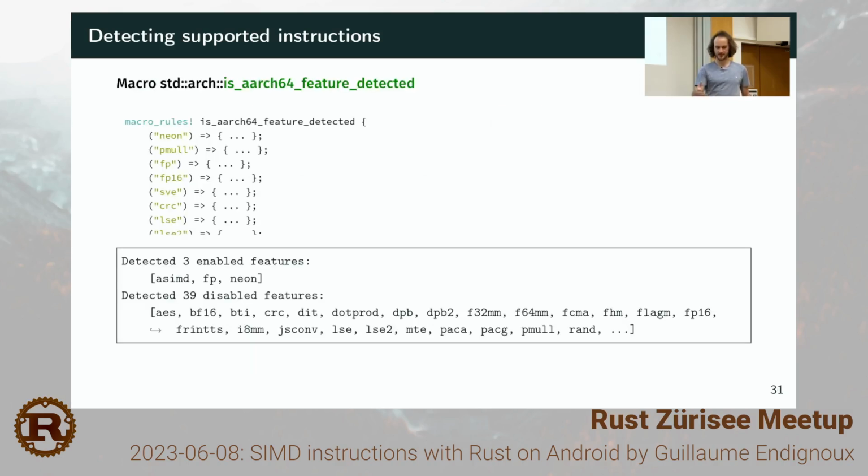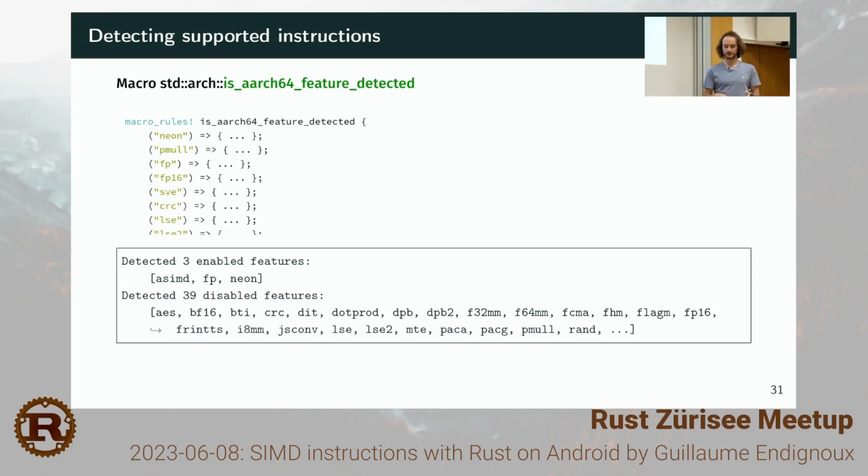So how does this macro look? You just pass it a string. The list of strings available is fixed in the compiler, and it returns a Boolean true or false depending on what is available at runtime. So I ran that on my old device, and unfortunately, disappointingly, it only detected 3 features.